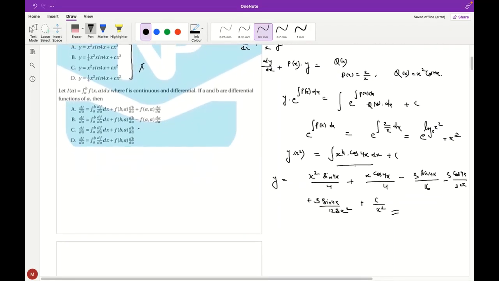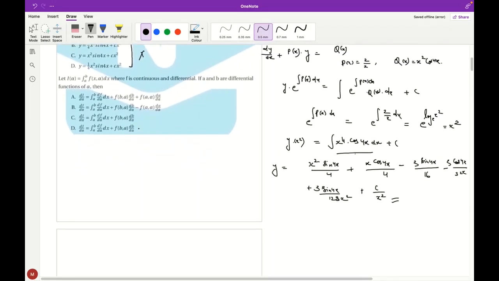So now the next question is from differentiation under integration sign.